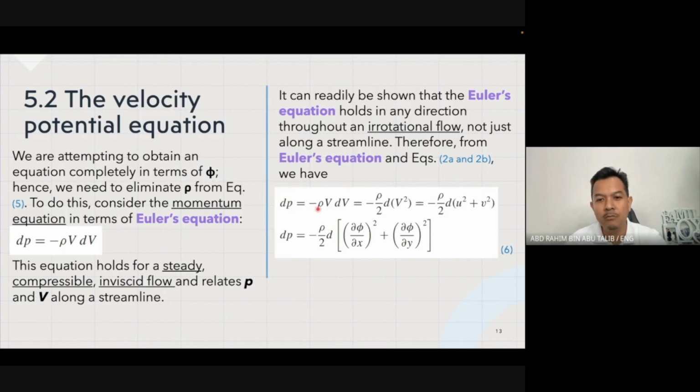So dP equals minus density times V dV, and you solve that, include the 2A and 2B equations, you will get the expression for equation 6 for dP in terms of phi, the velocity potential components in the X and Y direction. All right. So again, we want to eliminate density, right? The density term is still there. Let's move on.